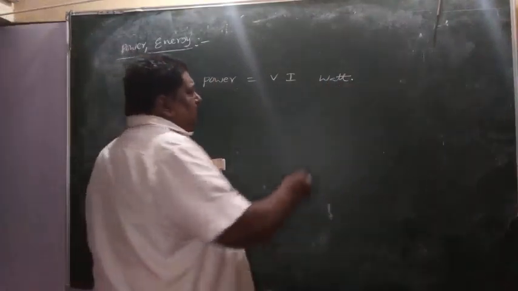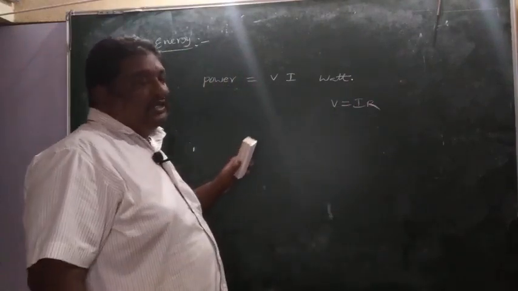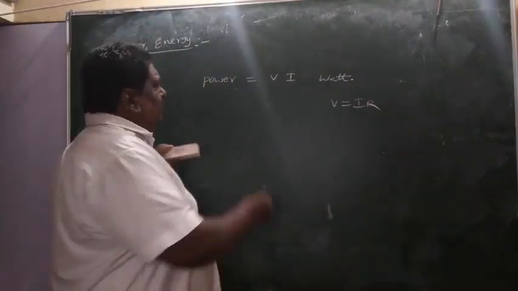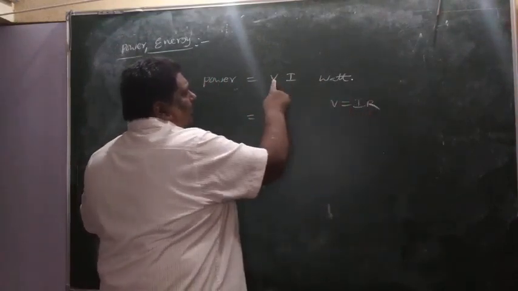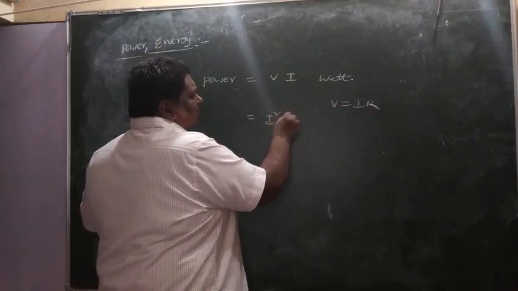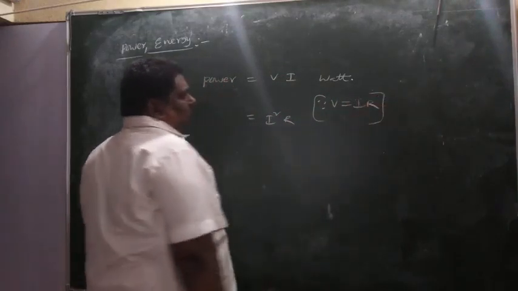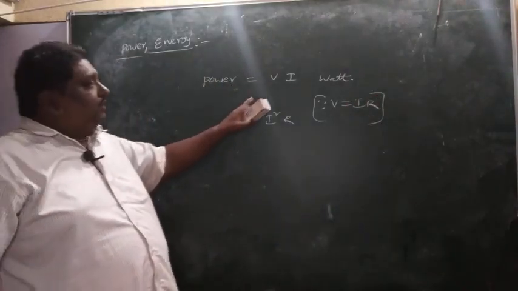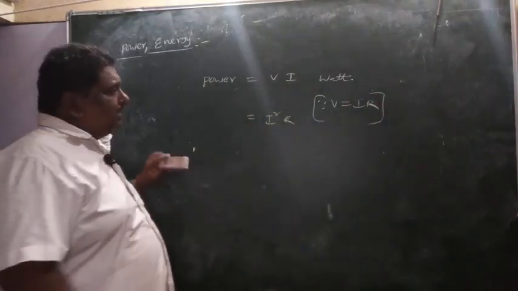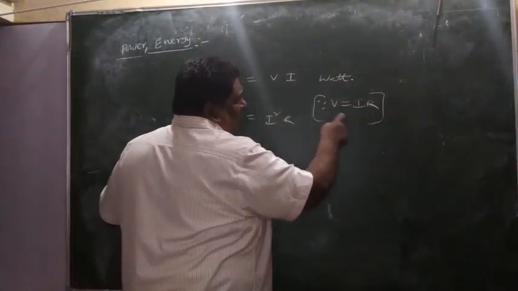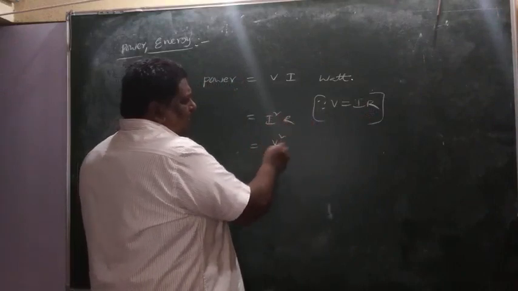But you know from Ohm's law, V is equal to IR. That's why we substitute the V value here. This is equal to IR into I. This is equal to I square R. So the power formula is VI or I square R. Sometimes I substitute I as V by R. V by R whole square into R. V square by R.